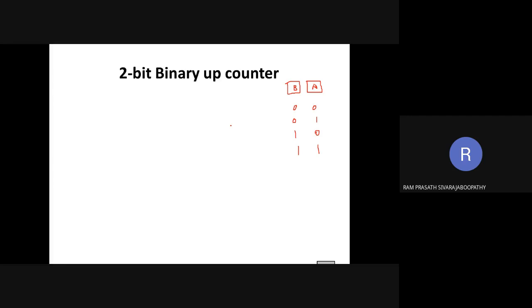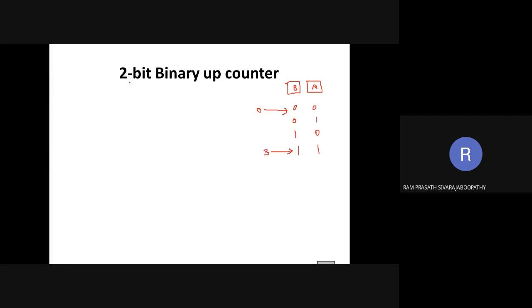What about the maximum count we can achieve using this 2-bit up counter? I want it in decimal. In binary it is 1 1. In decimal it is equivalent to 3. So what about the minimum count? 0. What about the maximum count? 3.